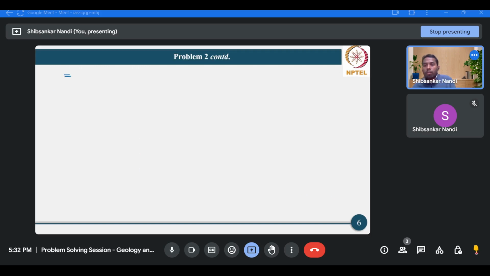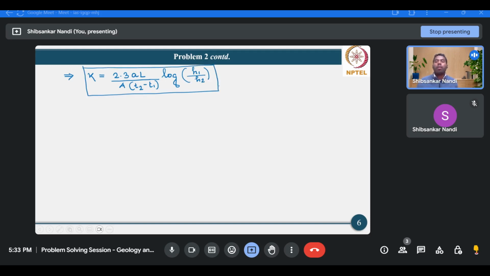So therefore this K should be 2.3 a L divided by A (t2 minus t1) times log of h1 divided by h2. Okay, so this is the final expression of hydraulic conductivity based on the falling head permeability test.